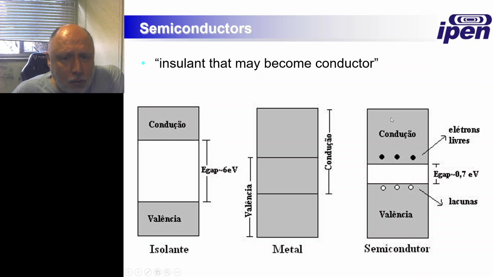A semiconductor has a conduction band and a valence band, but a much smaller gap, more than 10 times smaller than the worst insulator you have. So it's quite easy to promote electrons in the right situations, right?